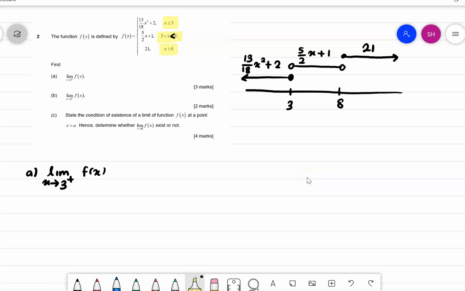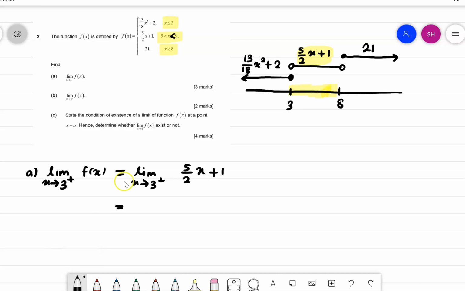So this is the function 3 from right. So we write down the function, limit x approach 3 from right. Function is 5 over 2 x plus 1.